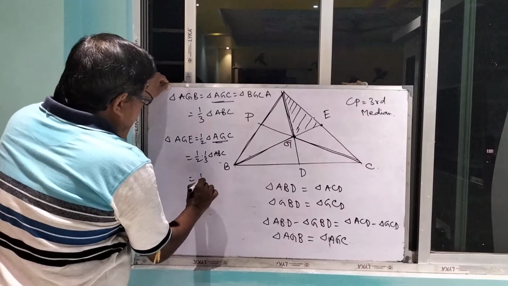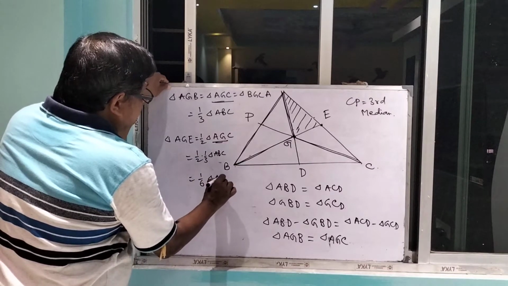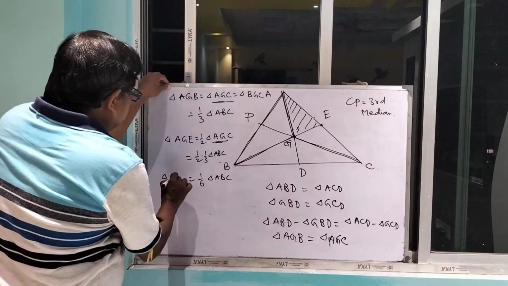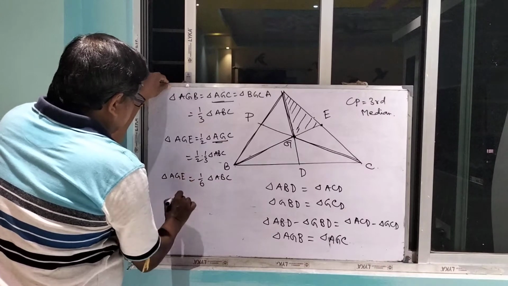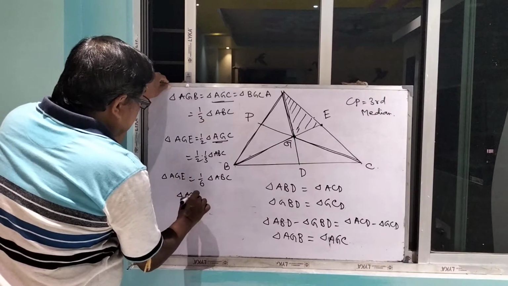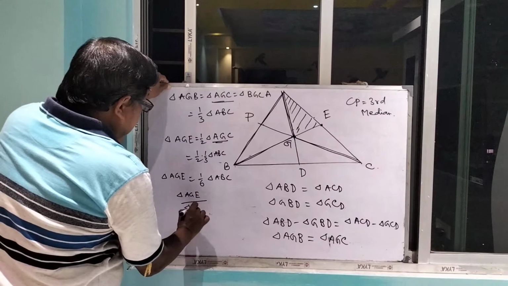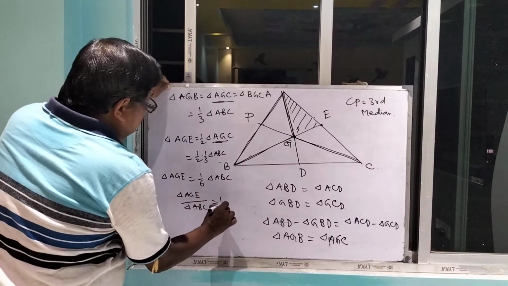So it will be 1/6 of triangle ABC. That is triangle AGE by triangle ABC equals 1/6.